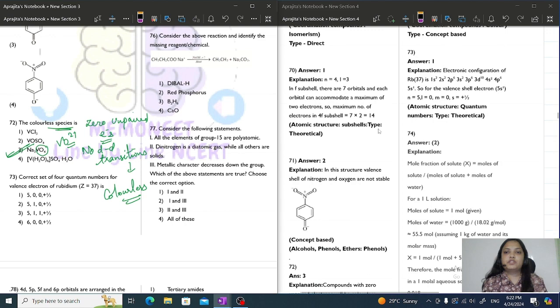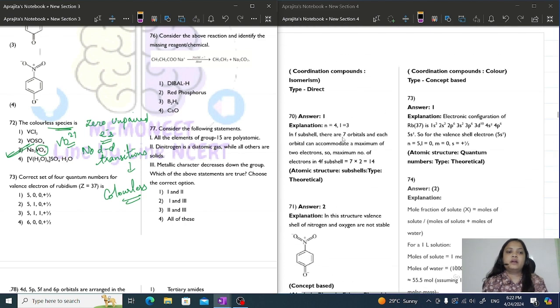Now next question, 73. Correct set of 4 quantum numbers for valence electron of rubidium. So atomic number is given. We can clearly write the electronic configuration. 1s2, 2s2, 2p6, 3s2, 3p6, 3d10, 4s2, 4p6 and 5s1.